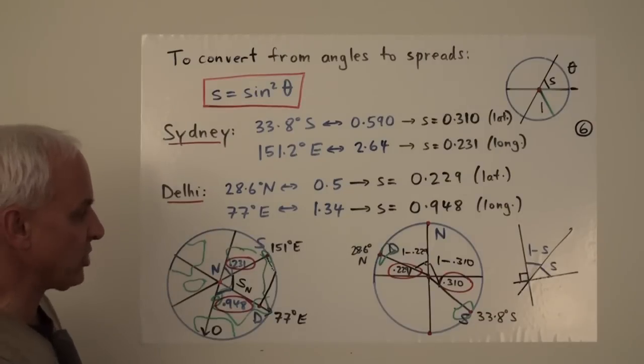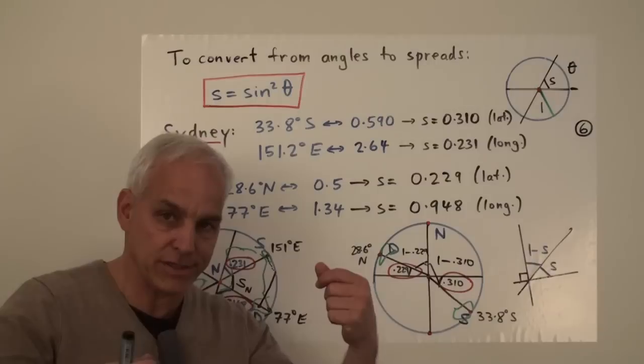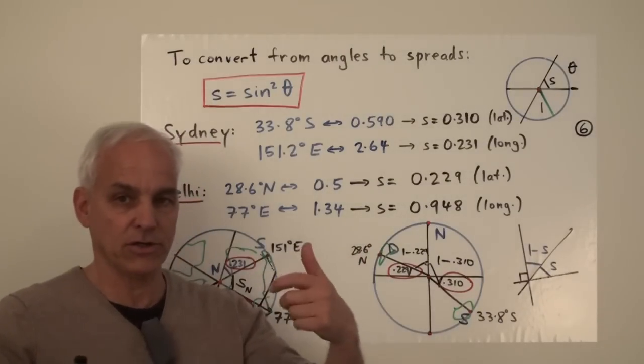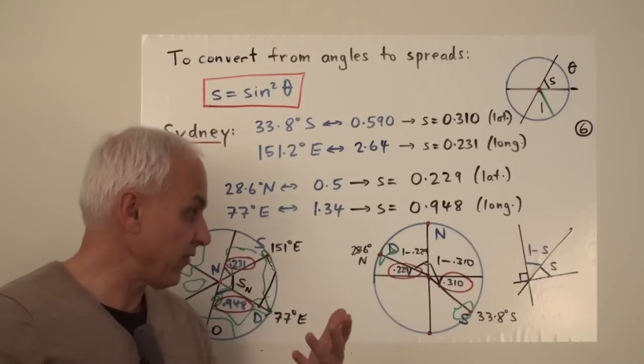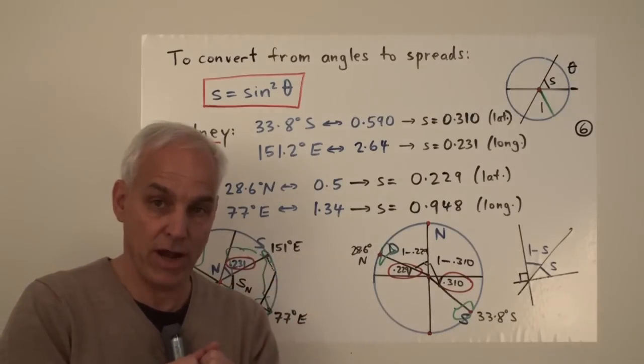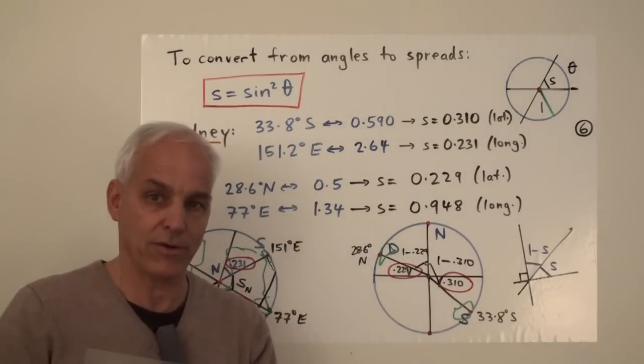So we have enough information to recast the original information about positions of latitude and longitude of Delhi and Sydney in terms of spreads and quadrances of our spherical triangle.